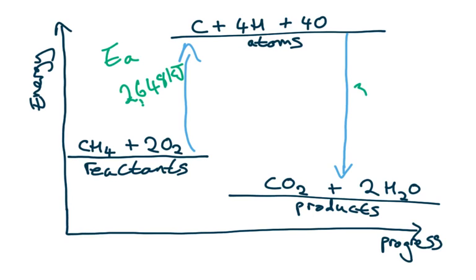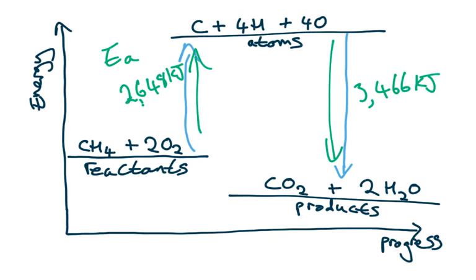So I'm looking at 3,466 kilojoules. Now I've got my energy level diagram, and I know what's happening when I break the bonds and when I form the bonds. Breaking the bonds here, forming the bonds here. But what I'm interested in is what is happening overall, and that should be a simple case of taking the difference between them.